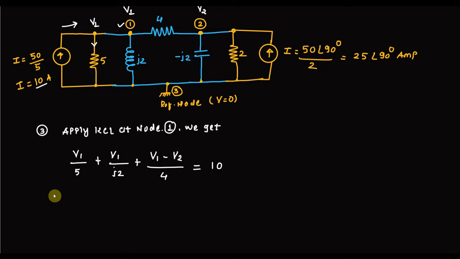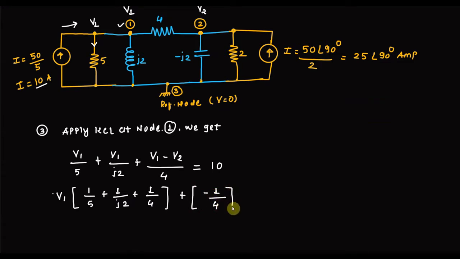Okay. So if you solve this, collect the V1, V2 terms: (1 upon 5 plus 1 upon j2 plus 1 upon 4) V1, plus minus 1 upon 4 V2 is equal to 0.